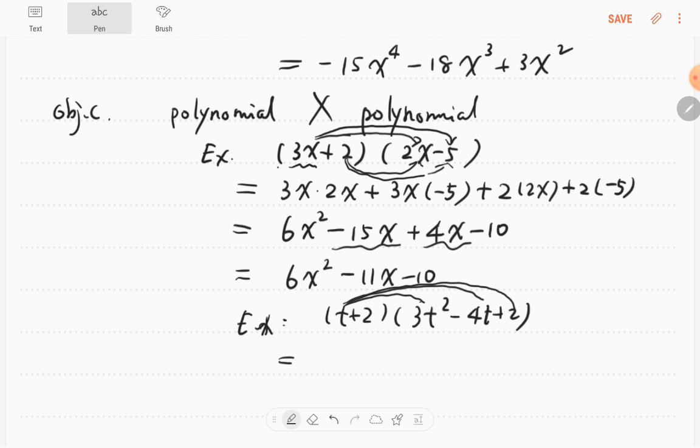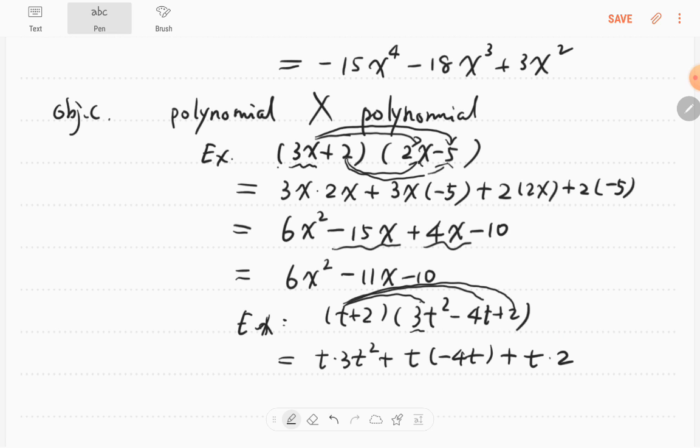Let's see. Start with the first one, t times the first term, 3t squared, plus t, don't forget your t, times the second term will be negative 4t, right? Plus still t, times the last one, 2.